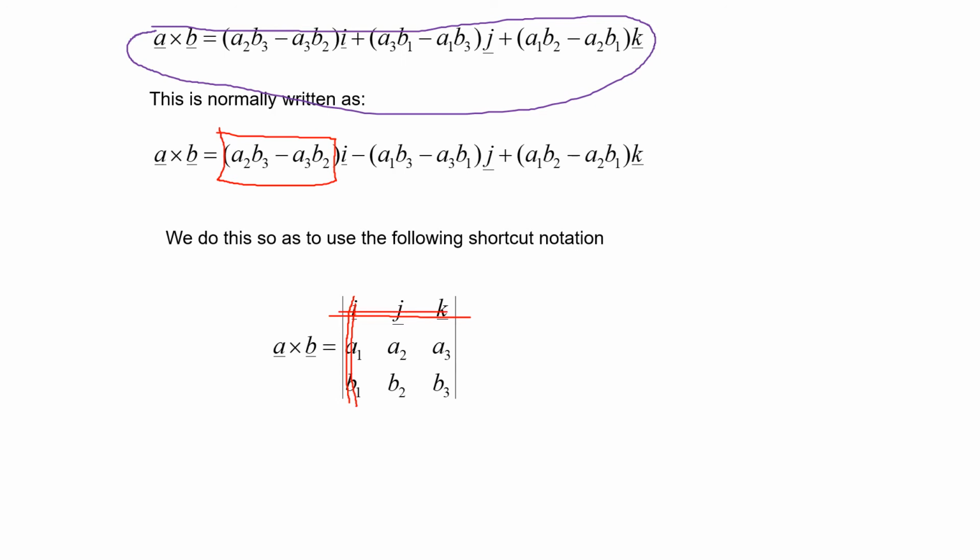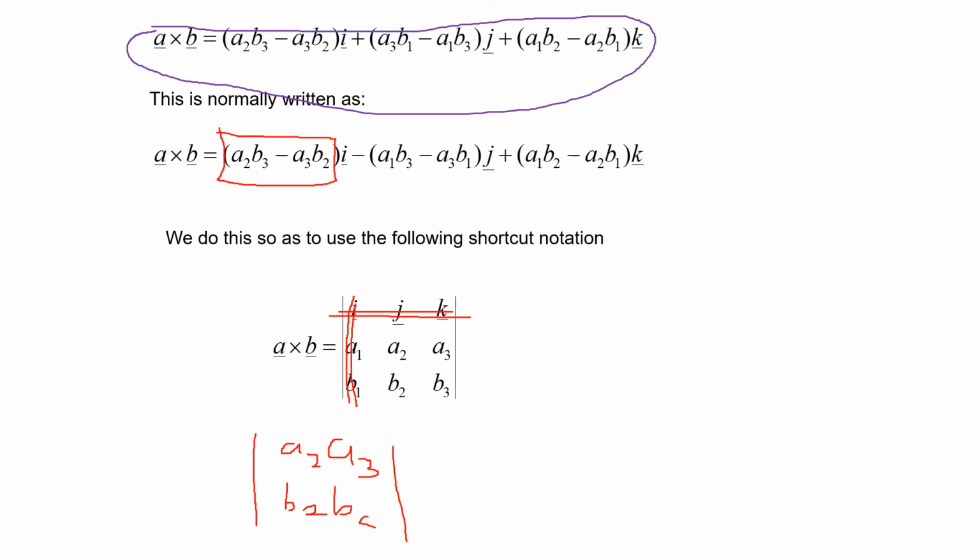Okay, so what is left here? It's a2, a3, b2, and b3. All right, and you simply add a modulus to it. So this modulus is actually finding the determinant.